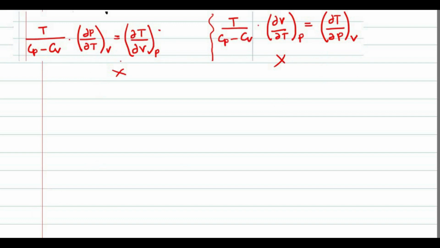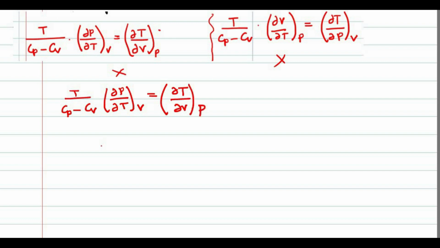So I shall take this equation, the left hand side. This is T divided by Cp minus Cv into dou P by dou T at constant volume is equal to dou T by dou V at constant pressure.